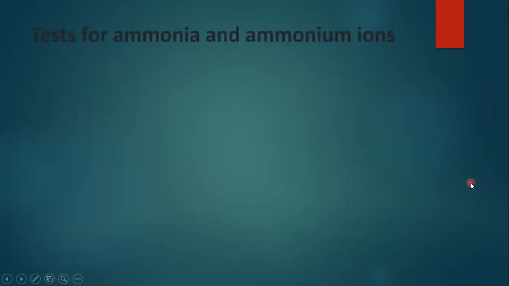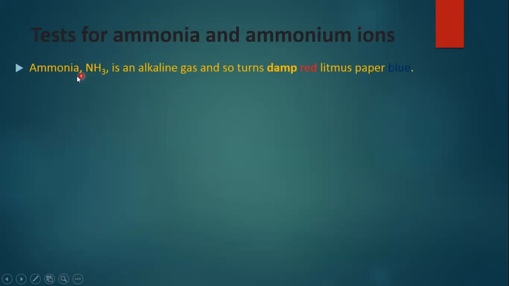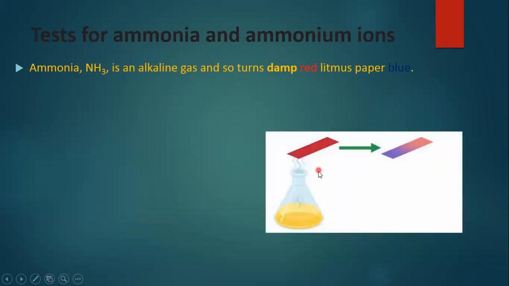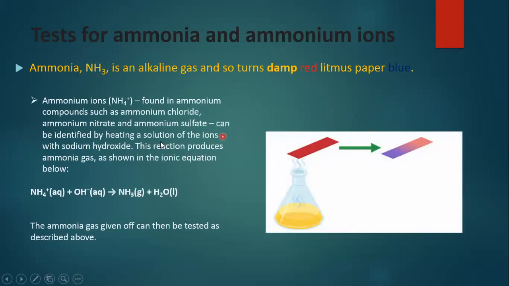At the end, we will discuss how to test for ammonia and ammonium ions. Ammonia is basically an alkaline gas, and the test is that it turns red litmus paper blue.